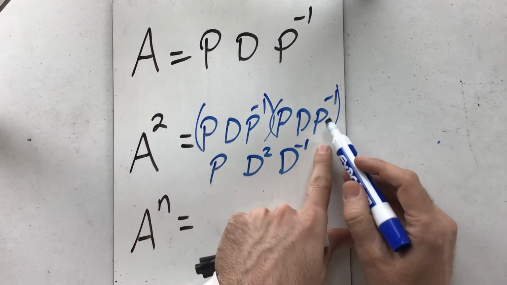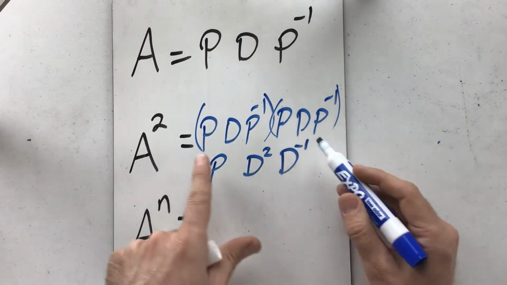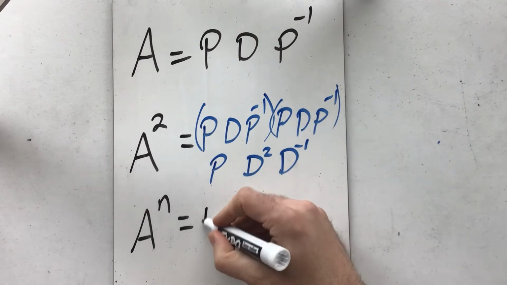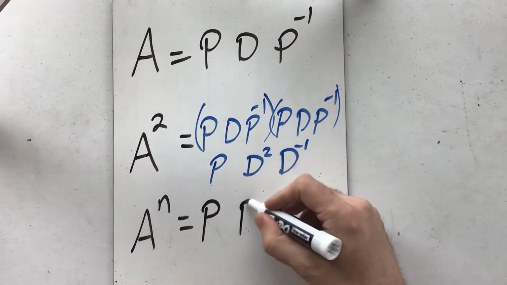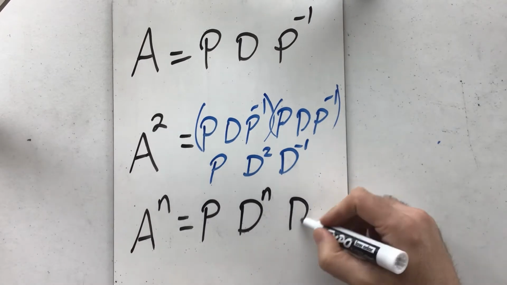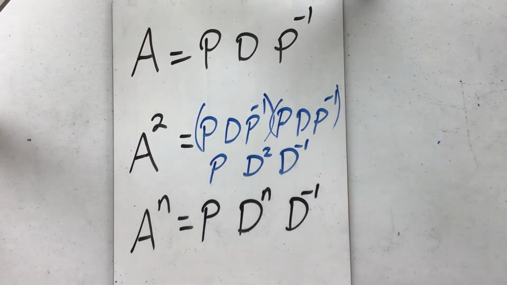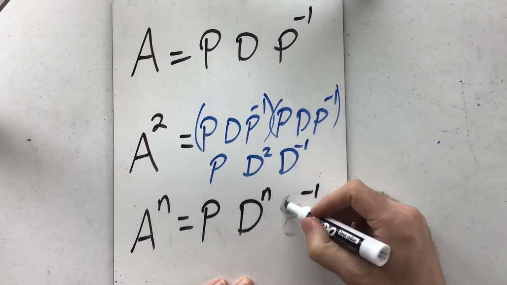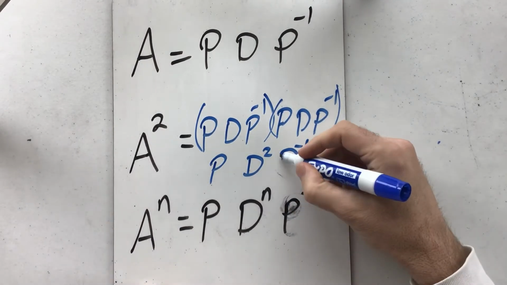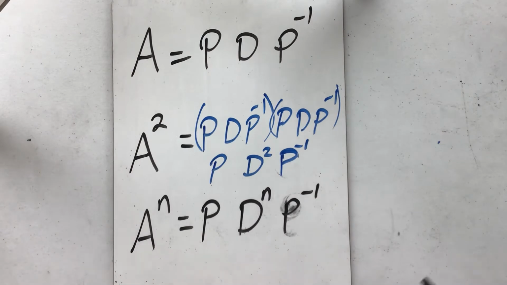If I had a third one, those cancel out too, and in general everything cancels out except for that first P matrix. Then you just raise the diagonal to its power, and then you have the inverse of the P matrix. Oops, I wrote the wrong one right there also. But this is a really nice result when it comes to diagonalizing things.